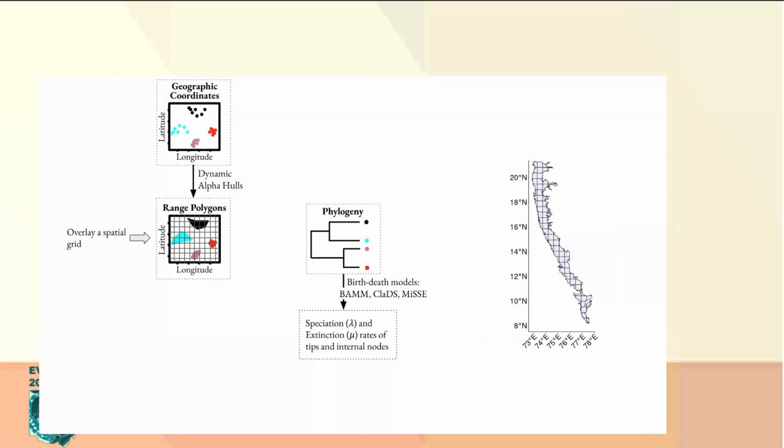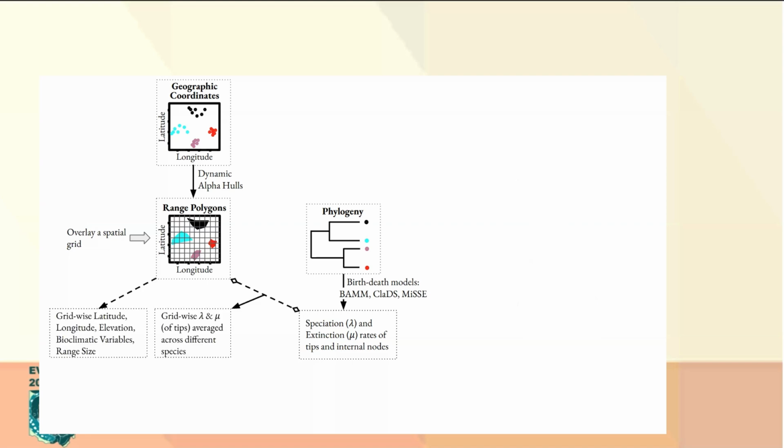Then I overlaid a spatial grid of 25 by 25 square kilometers on the Western Ghats, and computed grid-wise averages for latitude, longitude, elevation, climatic variables, and speciation rates.